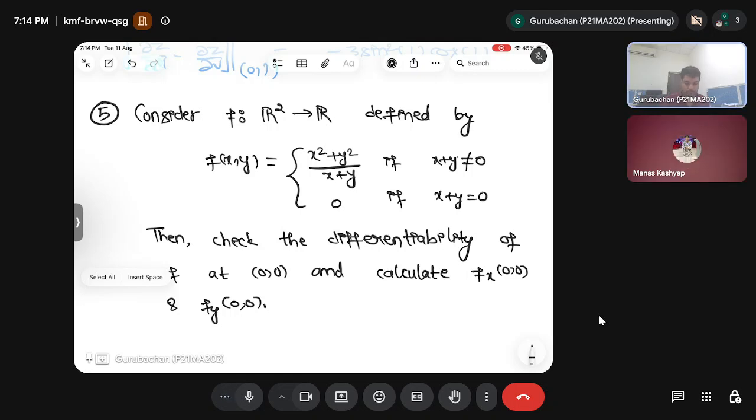Hmm. So the sufficient condition is not fulfilled. Why? Because fx or fy will not be continuous at (0, 0). At (0, 0) or around (0, 0)? Oh, my bad, around (0, 0). Obviously both meanings are the same.